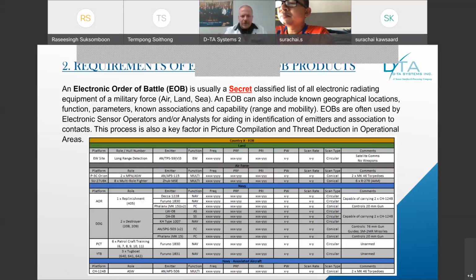We will then associate the APS 506 to that aircraft, which will then allow us to make it an assumed friend, a hostile, a suspect, etc., for our threat compilation, picture compilation.